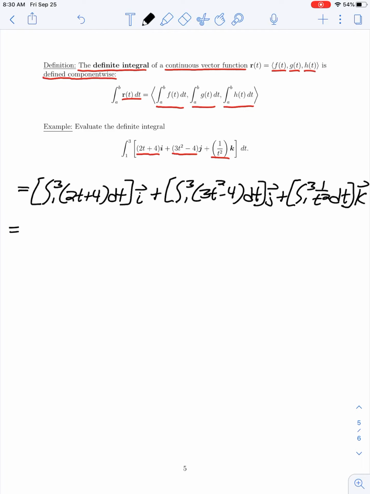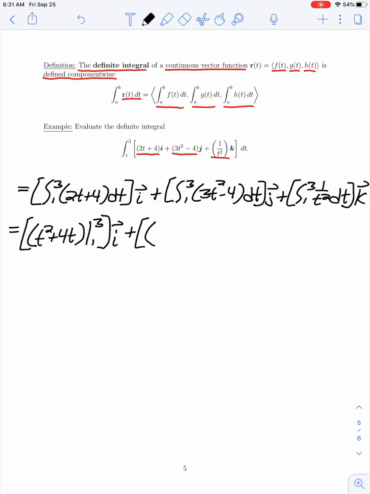So finding the antiderivative of this first component function, I would have t squared plus 4t evaluated from 1 to 3 as my i component.